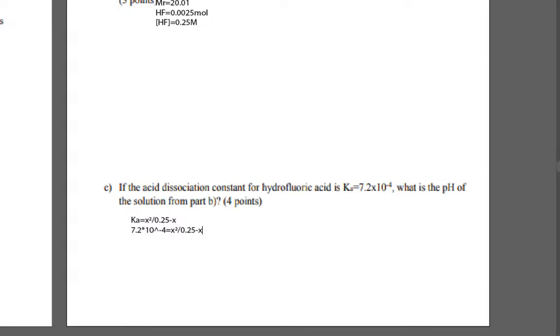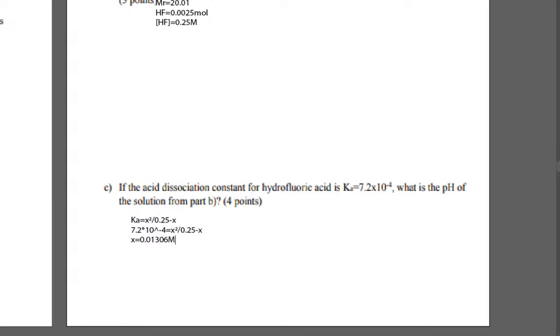Just write it like subtracted by y. That should work. Yep, it works. So what you got is actually x equals 0.01306. And I hope that's correct.